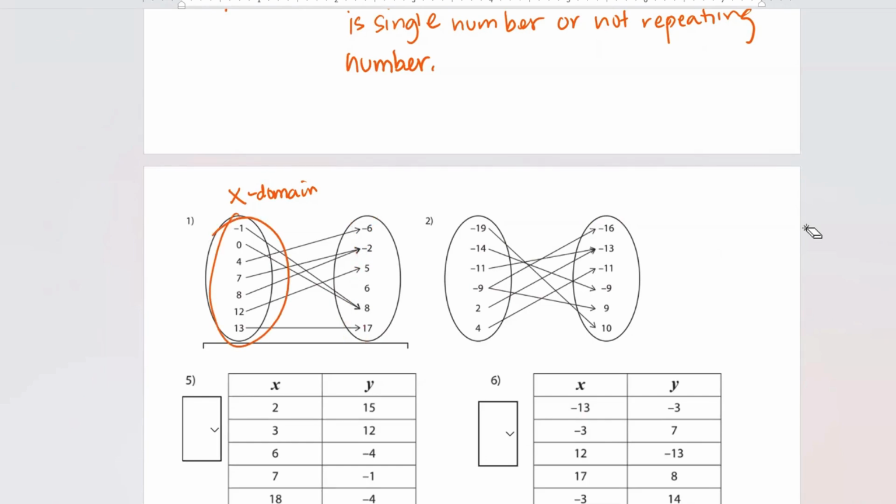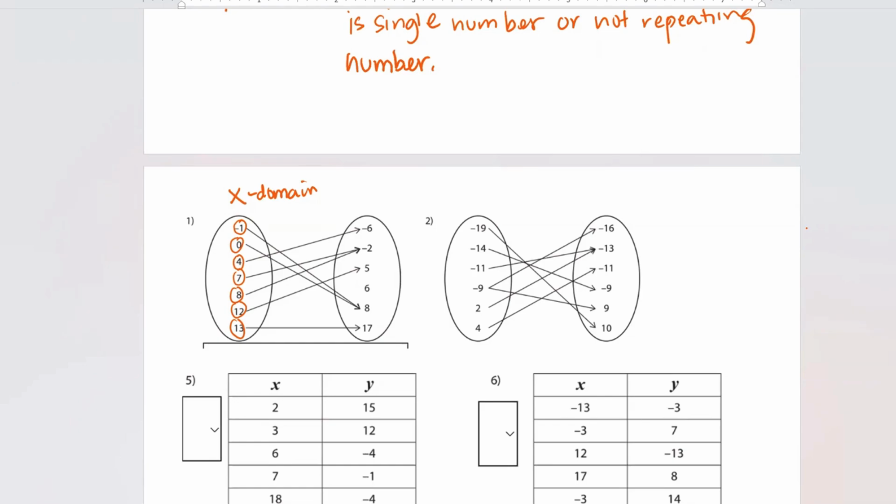Looking at this: negative 1, 0, 4, 7, 8, 12, and 13. If you notice, the stems are not coming out of one number, I mean, a repeated number.